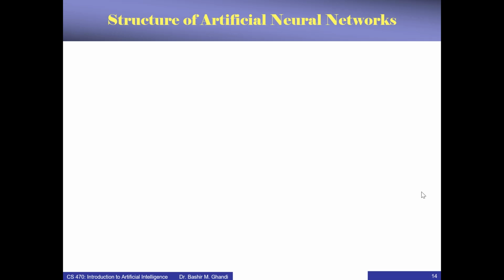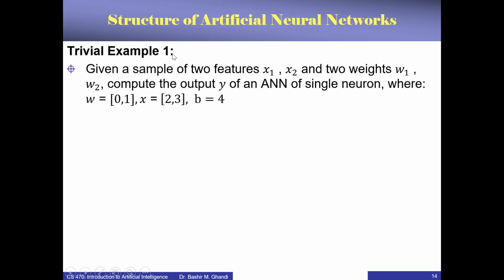So let us take a very small example to demonstrate how this computation at the neuron is done in practice. Example number 1, or trivial example number 1. Given a sample of 2 features, x1 and x2, and 2 associated weights, w1 and w2, compute the output y of an ANN of a single neuron, where w is equal to 0, 1.